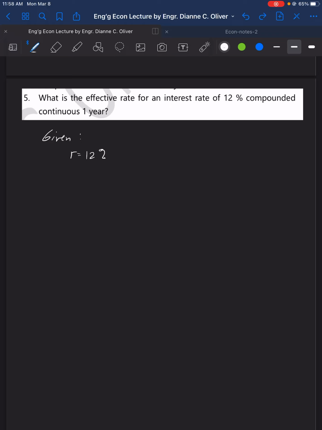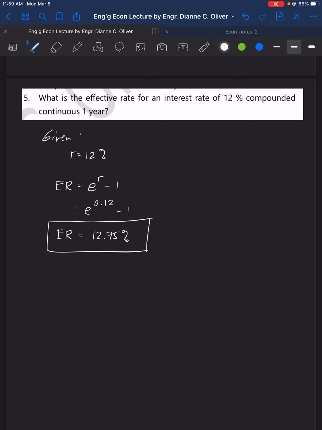Actually, it mentions continuous. So we will be having the formula ER for the continuous is e raised to R minus 1, and that is e raised to 0.12 minus 1. So ER, or the effective rate continuous here, is 12.75%. So that is the answer for number 5. Continuous rate, effective rate.